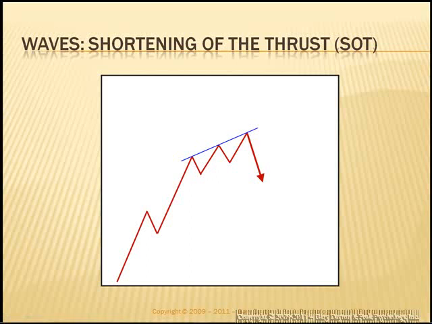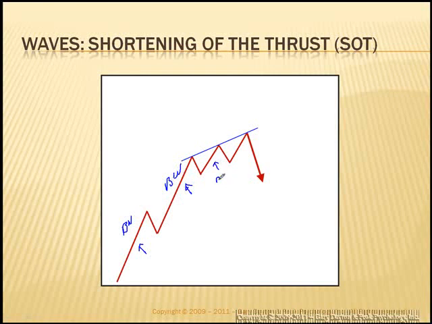Remember what Wyckoff said. In an uptrend, when the buying waves start to shorten, let me change color here. We'll do blue, I guess. Okay. Nice buy wave, right? Nice buy wave, nice and long. What happens?